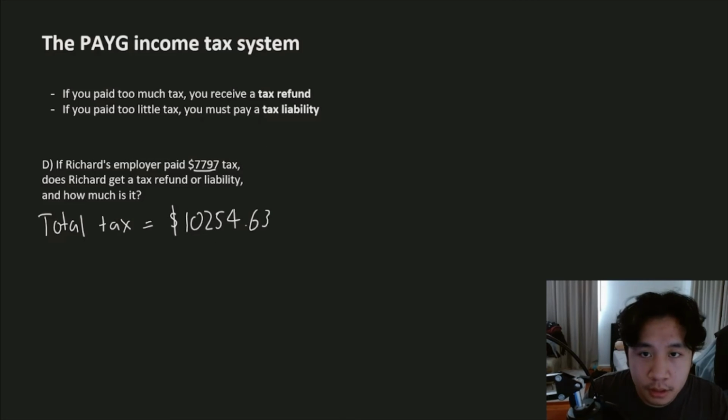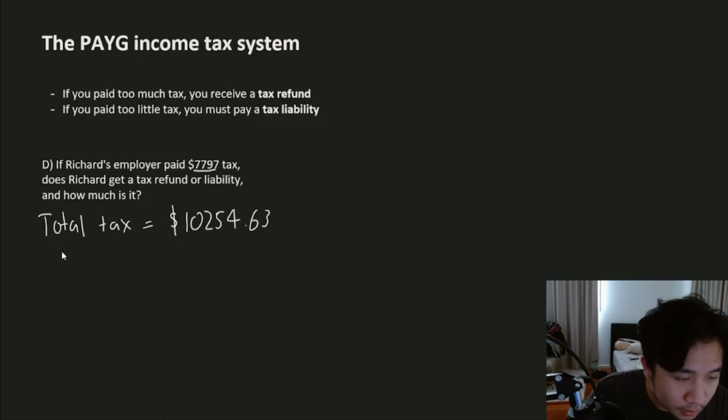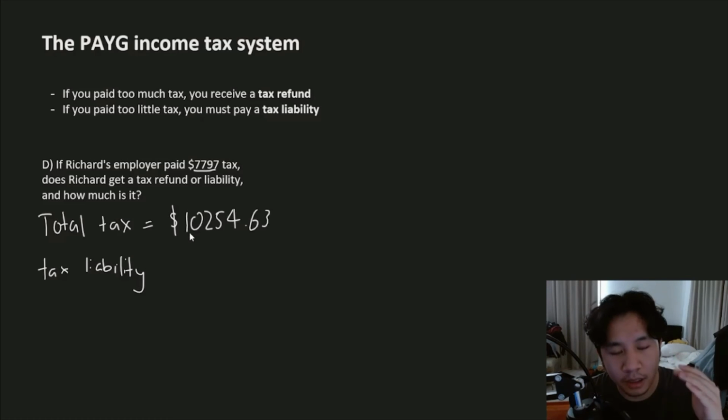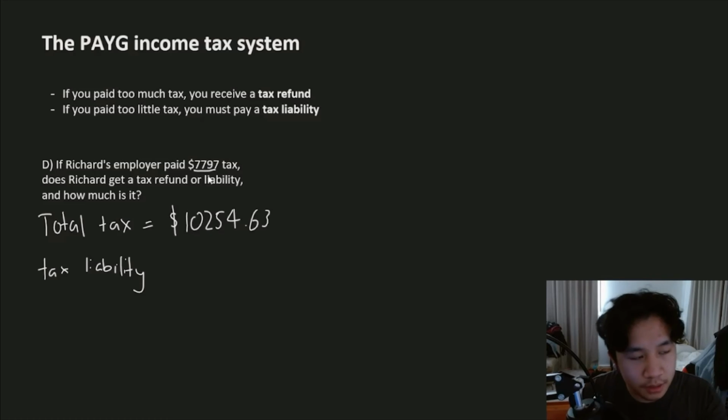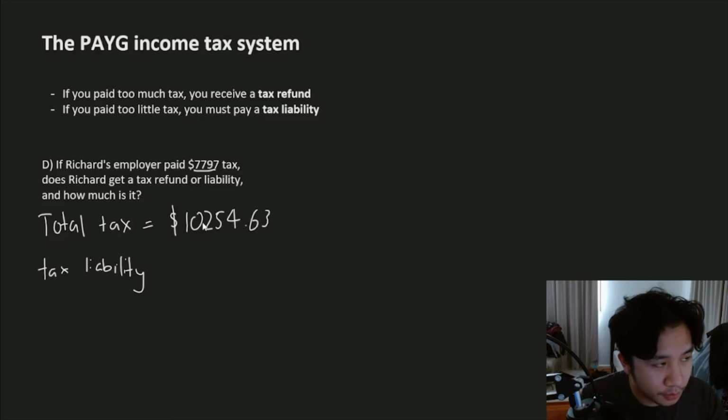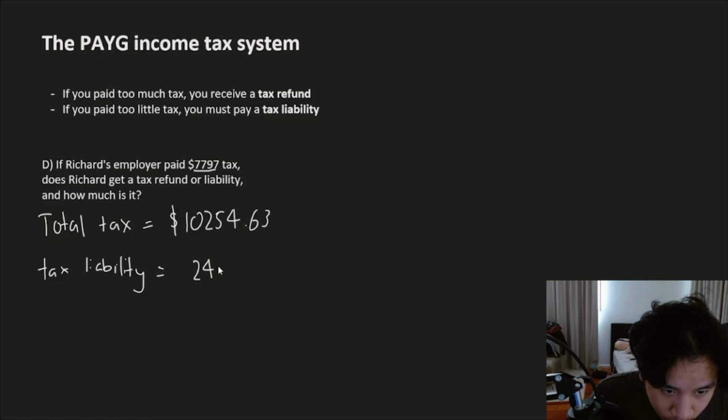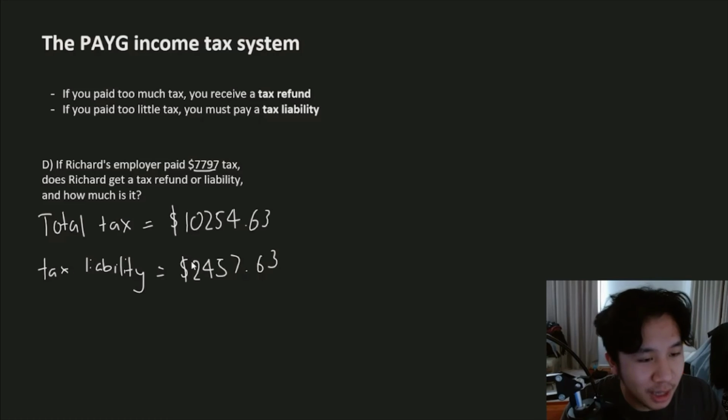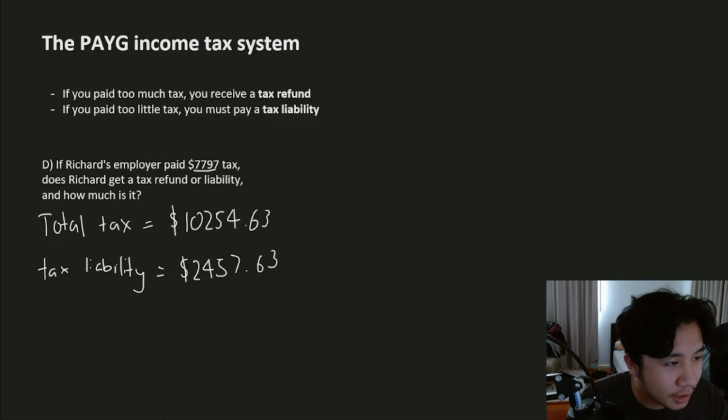And so this is actually a tax liability. And since it's a tax liability, you just want to minus these two and see what the amount is. So if you minus these two, it's $2,457.63. So that is how much extra Richard's employer needs to pay. And yeah, that's it for the PAYG income tax system.